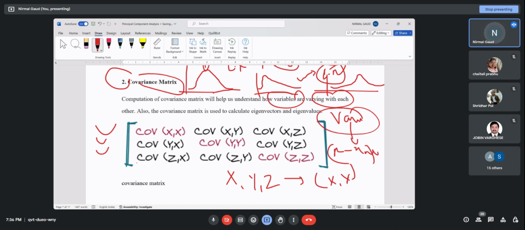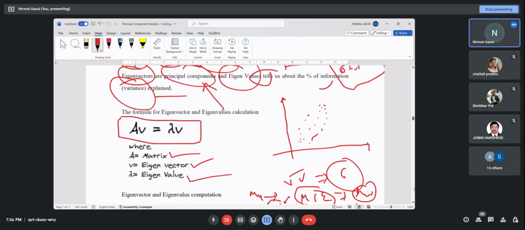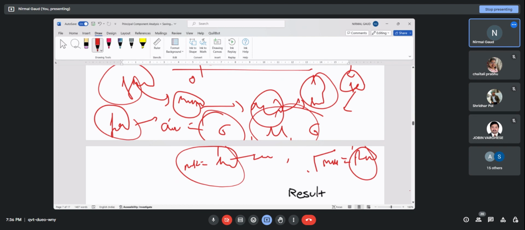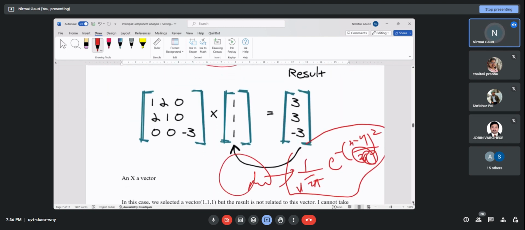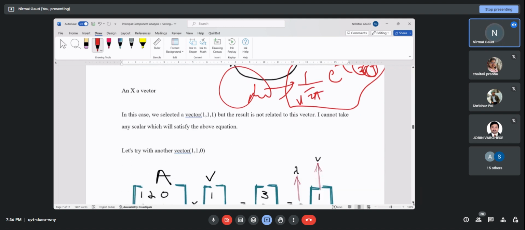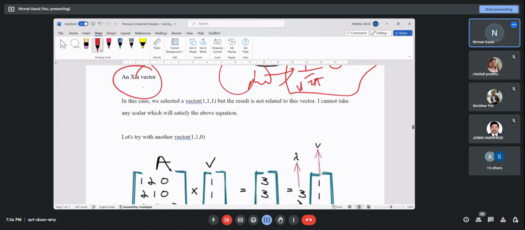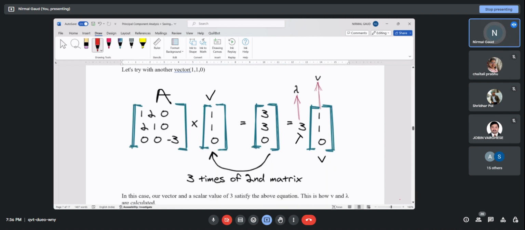Okay, so first standardize your data, second calculate the covariance, make a matrix, and then use eigenvalue and eigenvector concept. Okay, so let us suppose you are having a x as a vector. Okay, we are selecting it as 1 1 1 ऐसा करके they selected. Okay, something like that. Okay, और ये आप मान के चलें, ये आपके पास एक square matrix है.